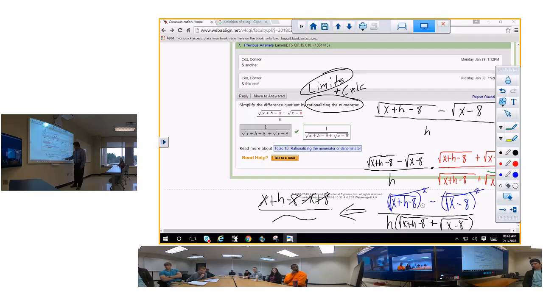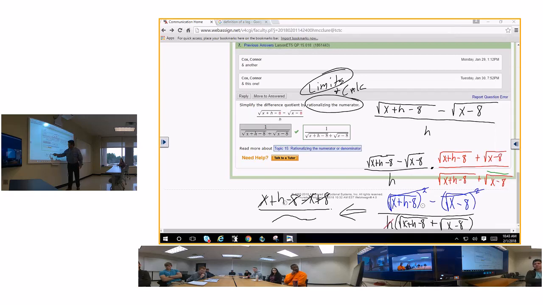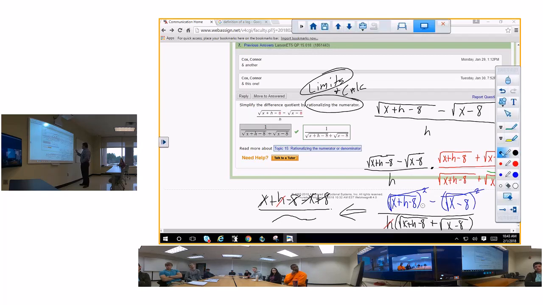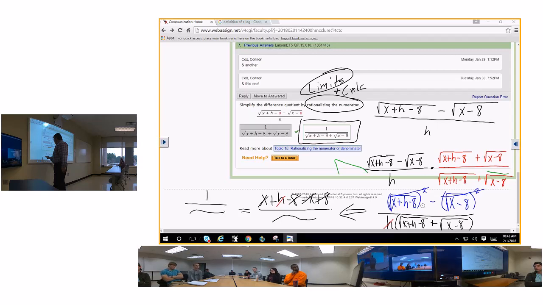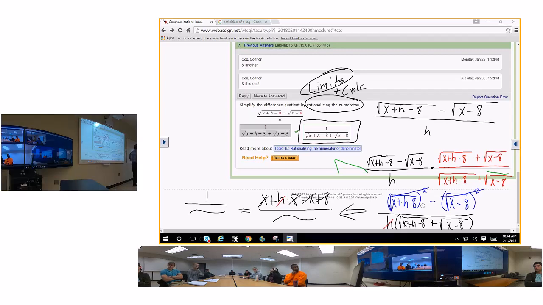What happens to this h and this h? They cancel out. And anything minus itself is 1. So 1 over, there's your answer. That's what you get. 1 over squiggle. And the squiggle representing that denominator that just goes over.